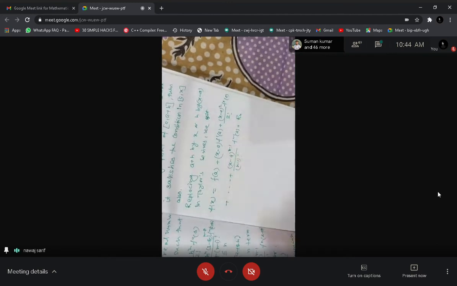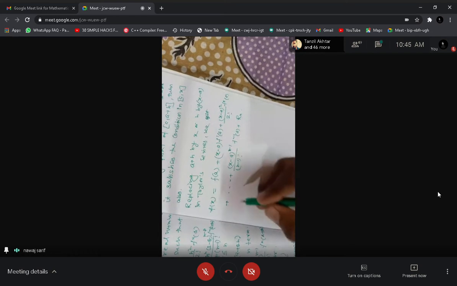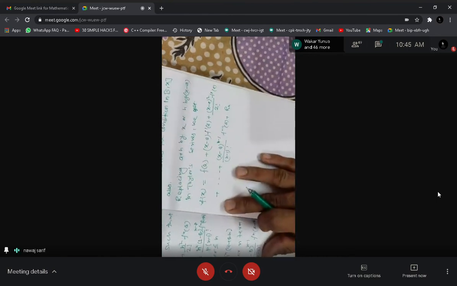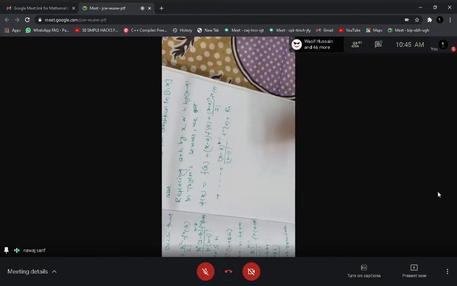So this is the Taylor series expansion at a particular point a, and we changed the interval from a to a plus h to a to x. This is Taylor's theorem or Taylor series expansion.